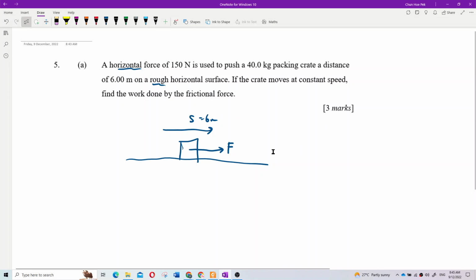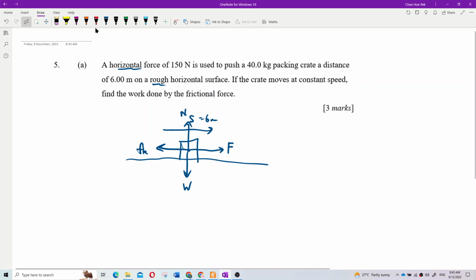This block is sliding across, so it's kinetic friction. The friction should be opposite the motion, so it should be going backwards. It has friction, and it is constant speed. I will talk about constant speed later on. We want to find the work done by the frictional force. This is the weight and of course the normal force. Understand, class?